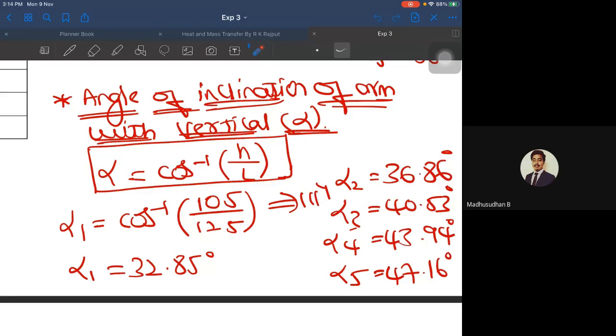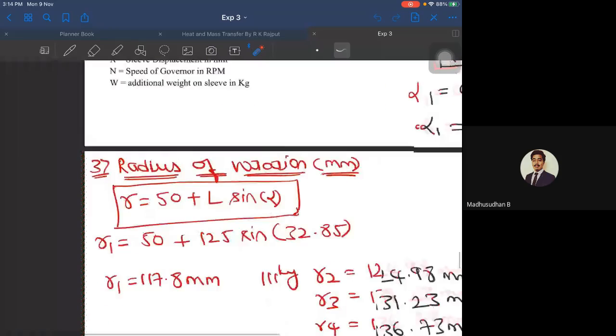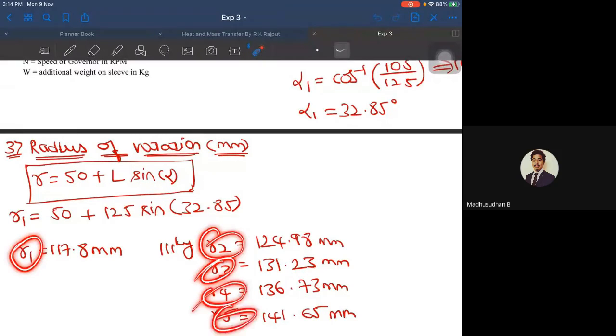Note down the readings and keep them aside. Next is the radius of rotation. The formula is 50 plus L sine alpha. Substitute alpha 1 to alpha 5, and correspondingly you'll get R1, R2, R3, R4, and R5. Note it down and keep it aside.